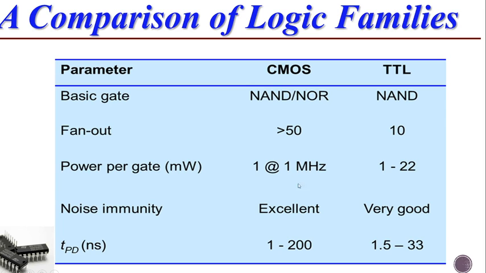Noise immunity is excellent for the CMOS family, and for TTL it is good. And here is the propagation delay in nanoseconds. For CMOS, 1 to 200 nanoseconds propagation delay is provided, and for TTL it is 1.5 to 33.